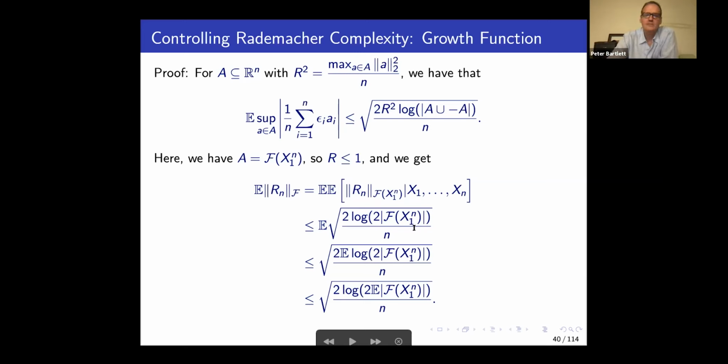Putting the expectation inside is Jensen's inequality. The expectation of the square root is below the square root of the expectation. I guess same thing for the concave log function. Jensen's inequality tells us we can put the expectation inside.